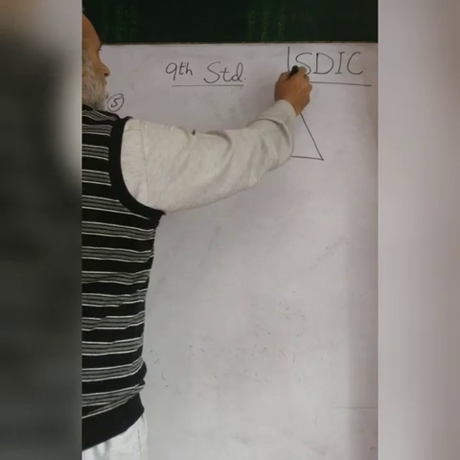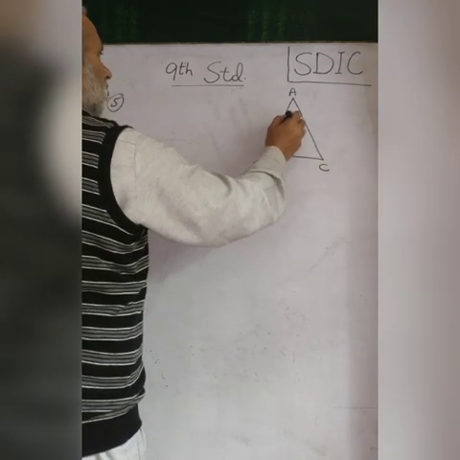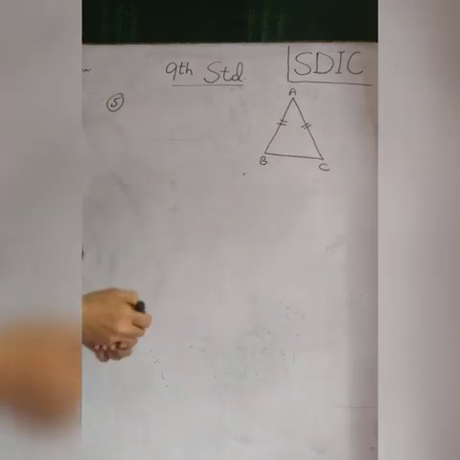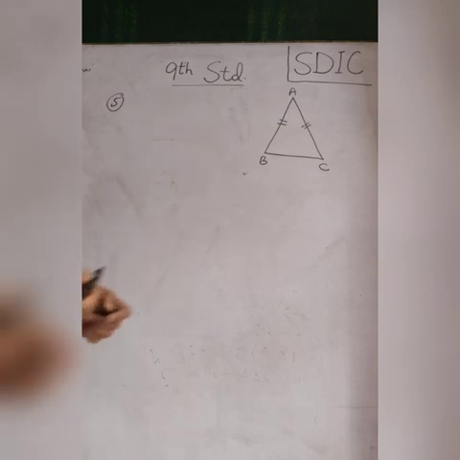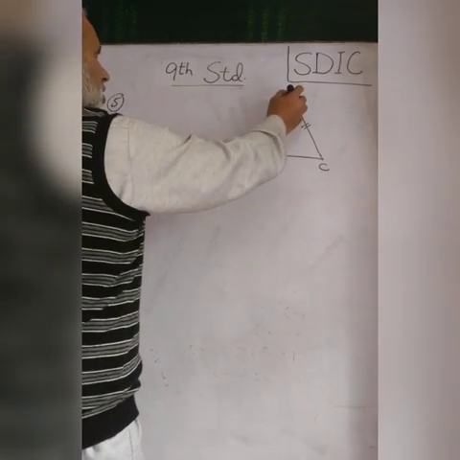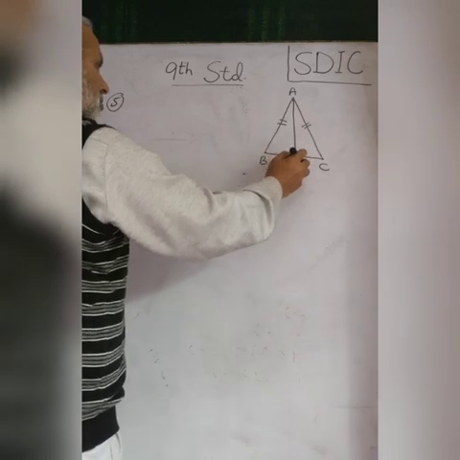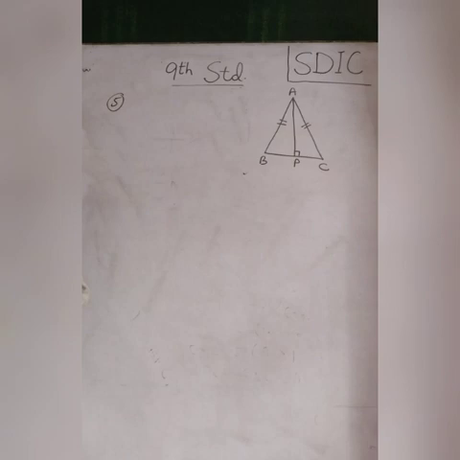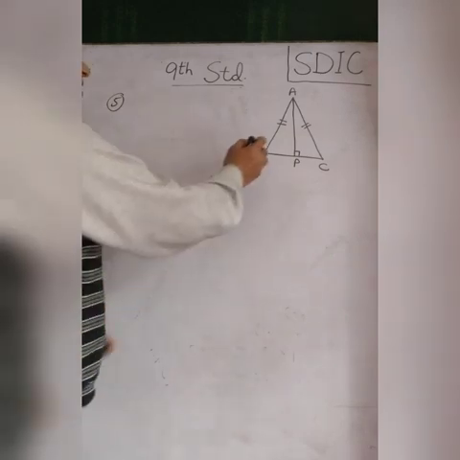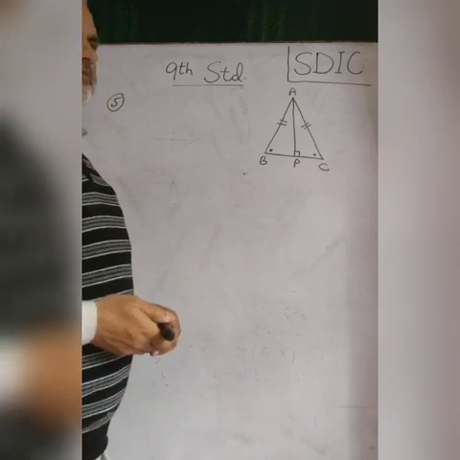ABC is a triangle. It has two equal sides, AB and AC, as per the statement. Draw AP perpendicular to BC. Perpendicular is drawn from A to BC. And the name of the perpendicular is AP. We have to show that angle B is equal to angle C. This angle we have to show is equal to this angle.